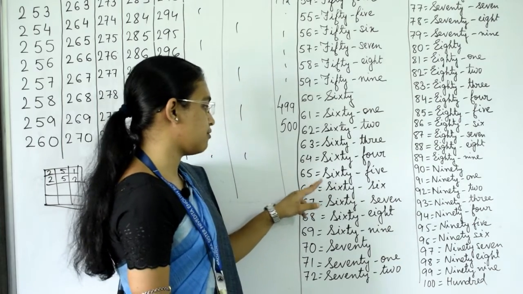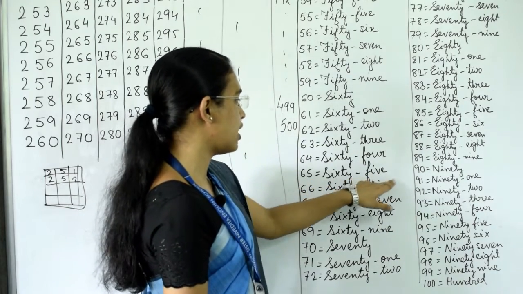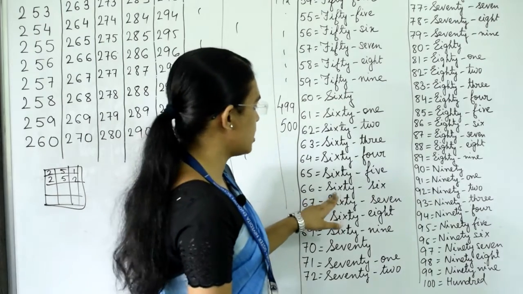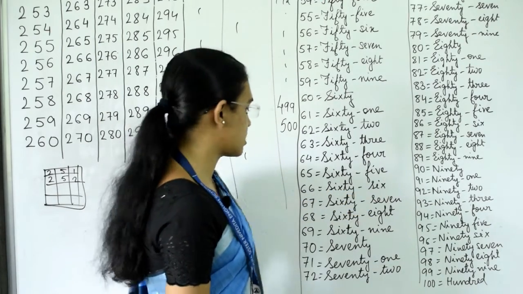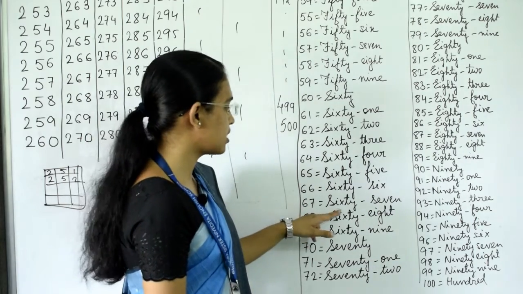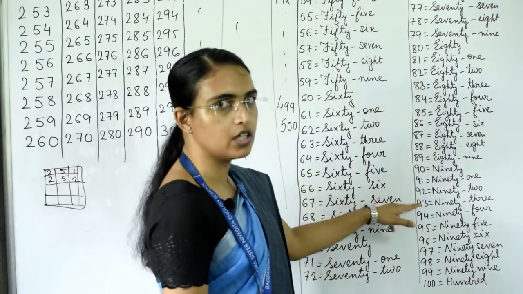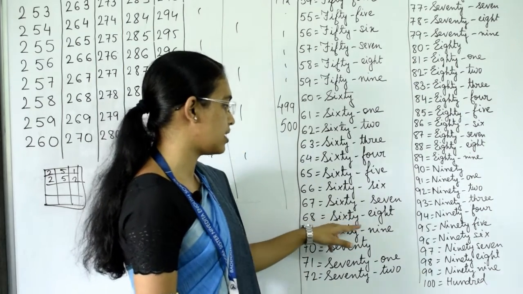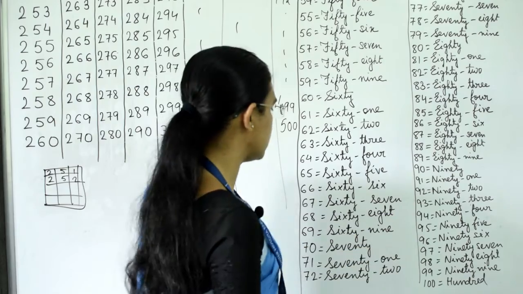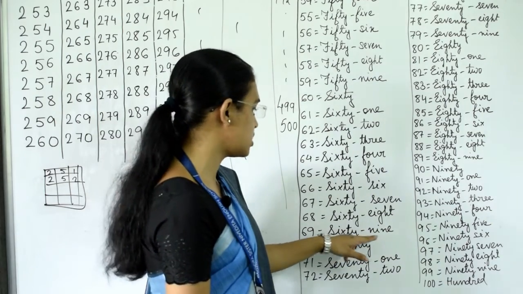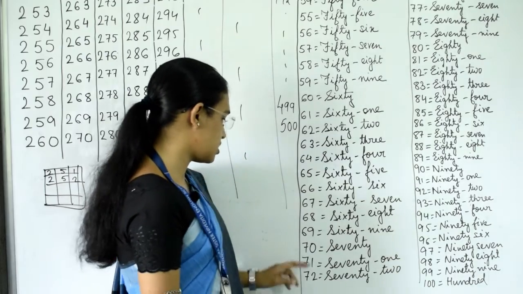And 65, sixty 60, five 65. 66, sixty 60, six 66. Then 67, sixty 60, seven 7, 67. Then 68, sixty 60, eight 8, 68. Then 69, sixty 60, nine 69.